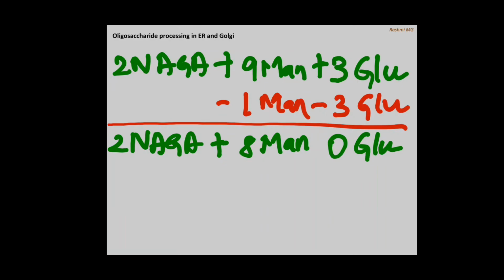After this step, the further modification happens in the Golgi. What happens in Golgi lumen? Again 3 mannose is removed, and 1 NAGA is added.